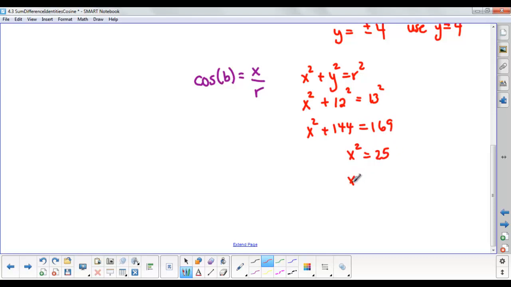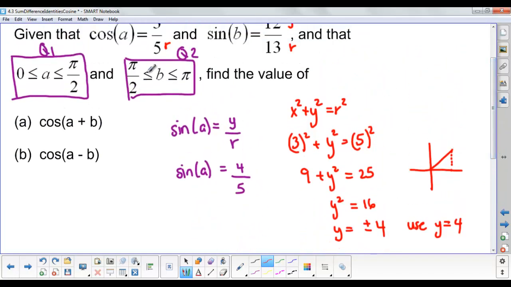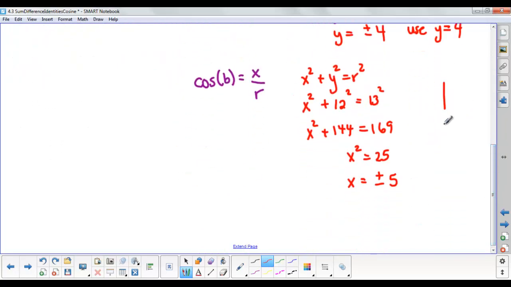And again, when you're taking the square root, you must consider both positive and negative 5. Again, up in the question, angle B is in the second quadrant. So we know that our terminal arm stops in there.